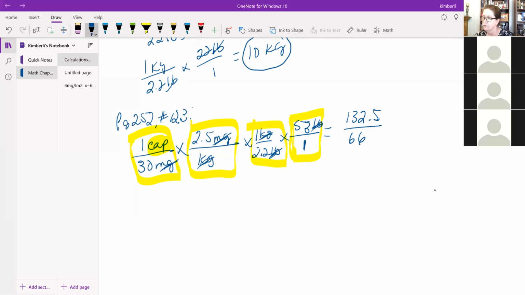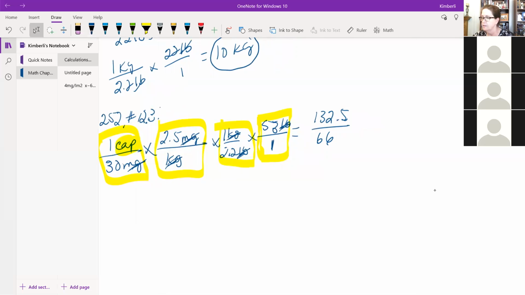So then I have 132.5 divided by 66, which gives me 2.00757575, which just keeps repeating, and is going to round to 2.01.